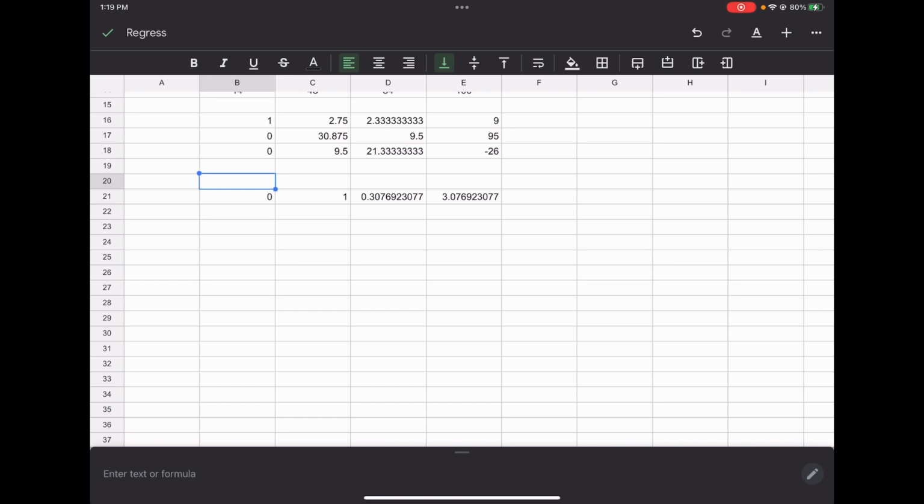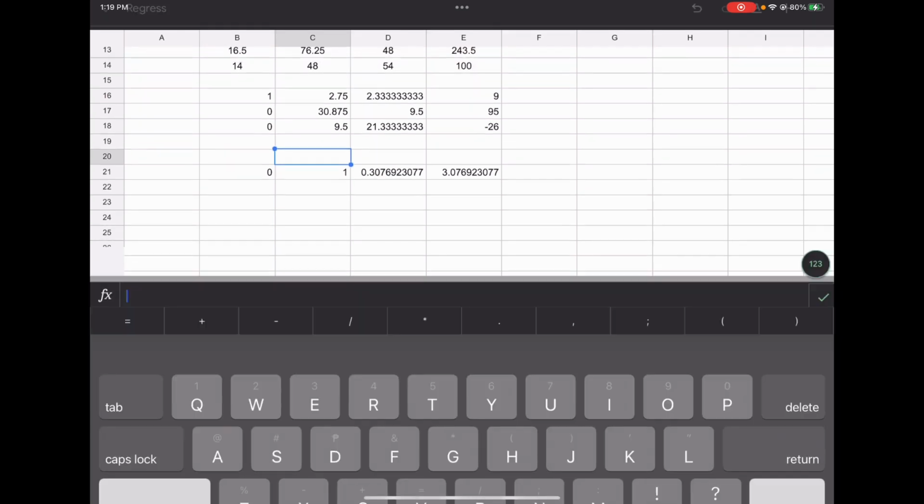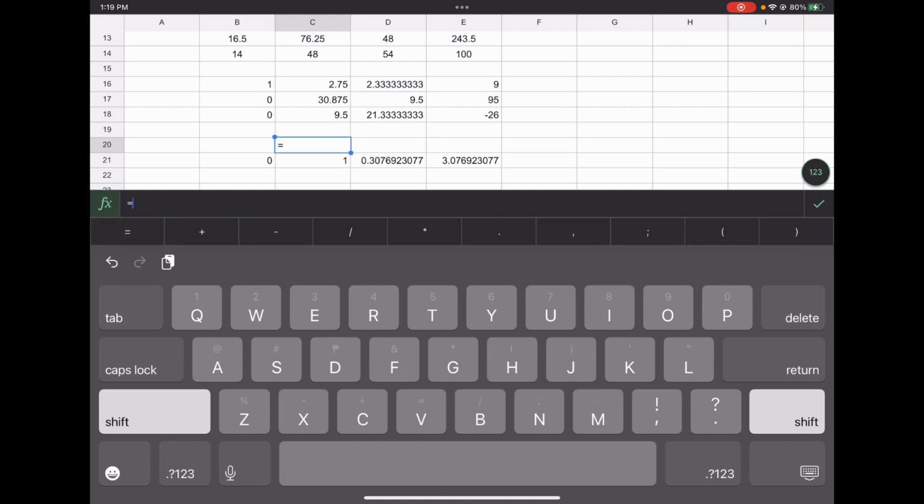Then afterwards, we want this one to be equal to 0. To do that, that would be equal to the same row.